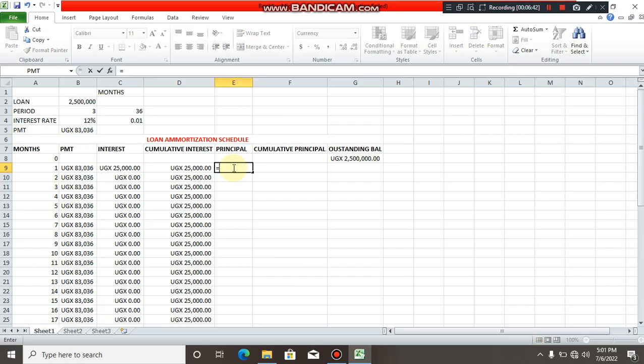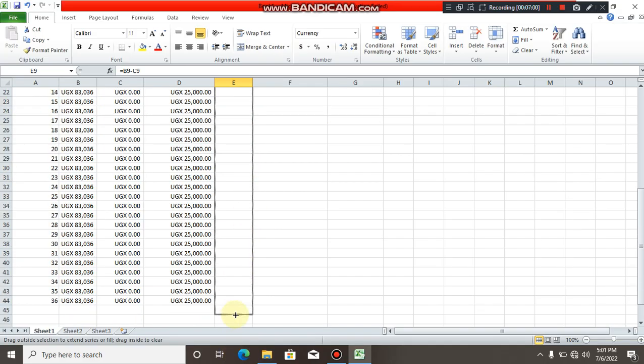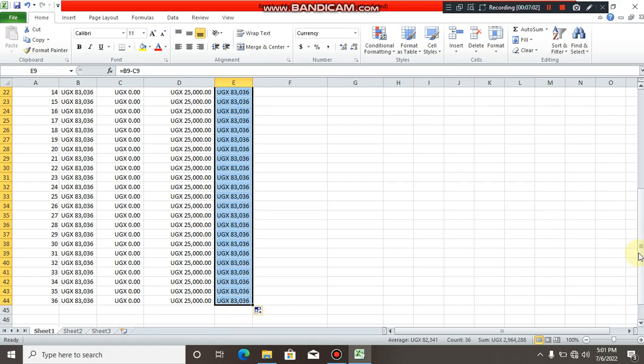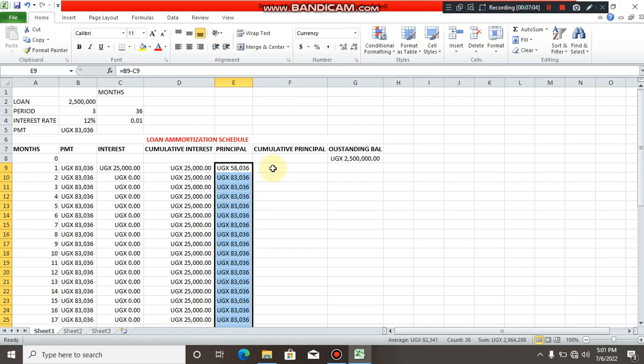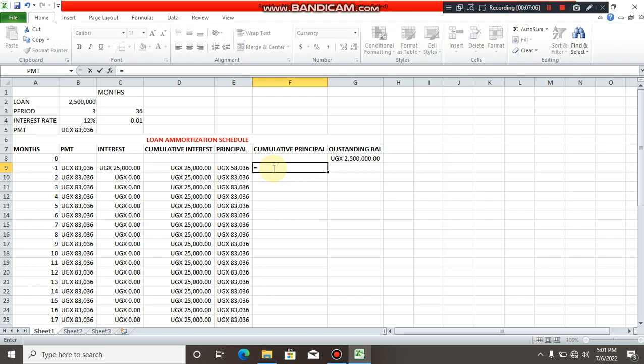So the principal is going to be what you paid in the first month minus the interest they charged you, so that is the principal. So let's move up to 36 months. They will change automatically, don't mind. Cumulative means after this month, you add on the second month, what is the added amount, that is cumulative.